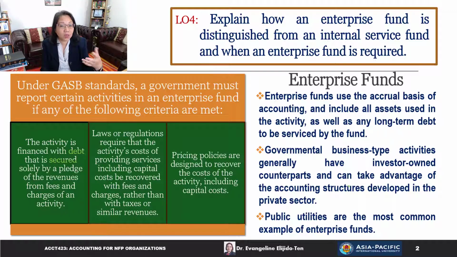This can be used to take advantage of the accounting structures developed in the private sector or in for-profit entities. Public utilities are the most common example of enterprise funds. Of course, in big enough government bodies, they might also operate airports. So that's another common enterprise fund as well.